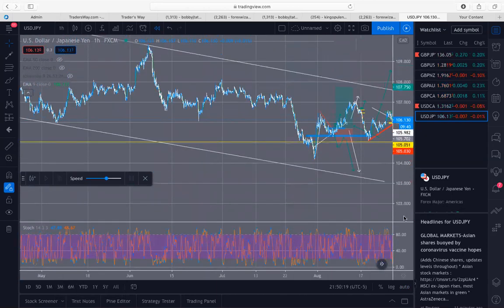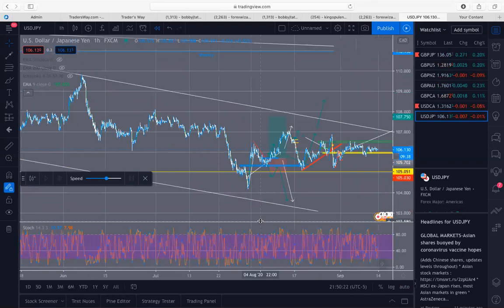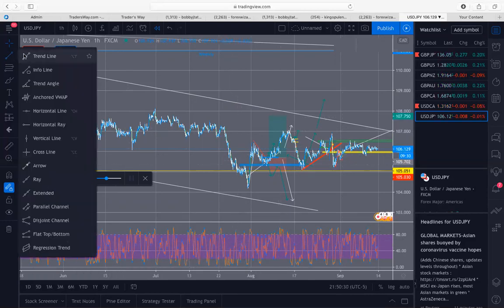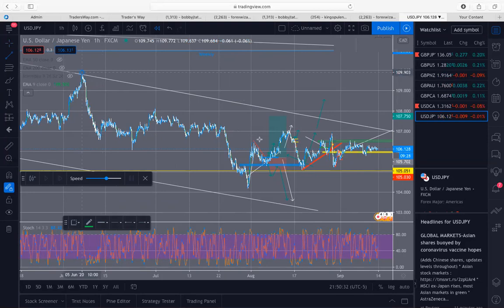As we can see, let's start on the hourly time frame. The market was going in an overall downtrend.